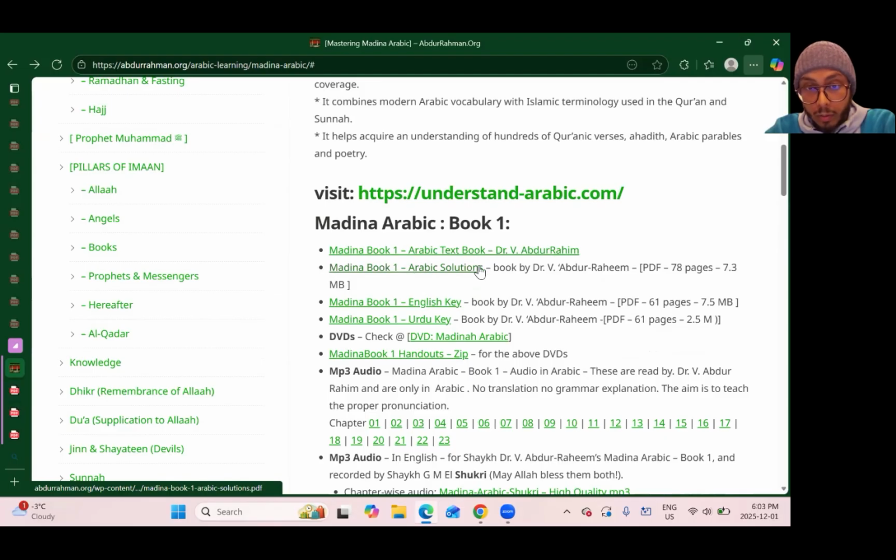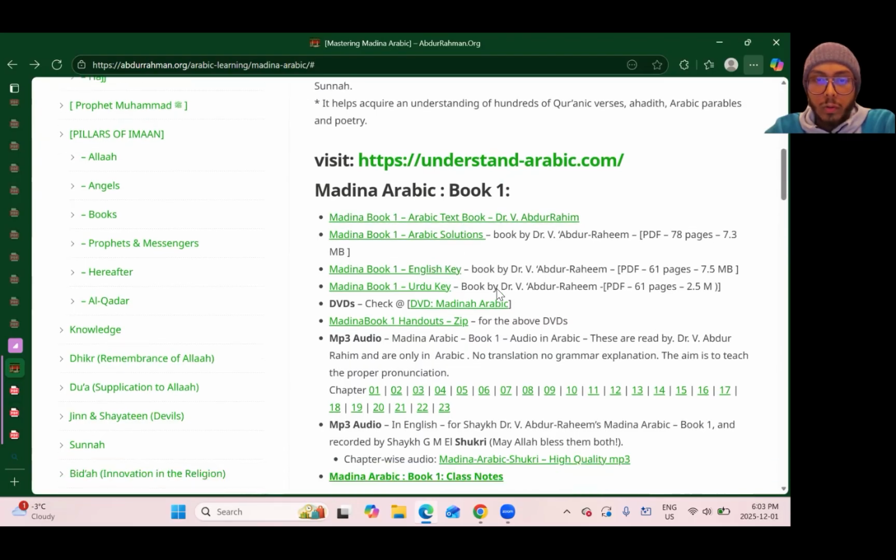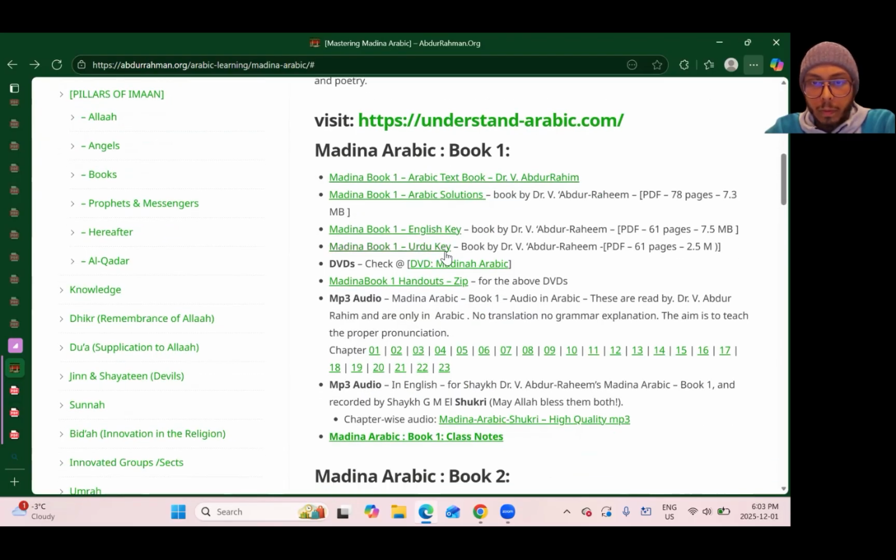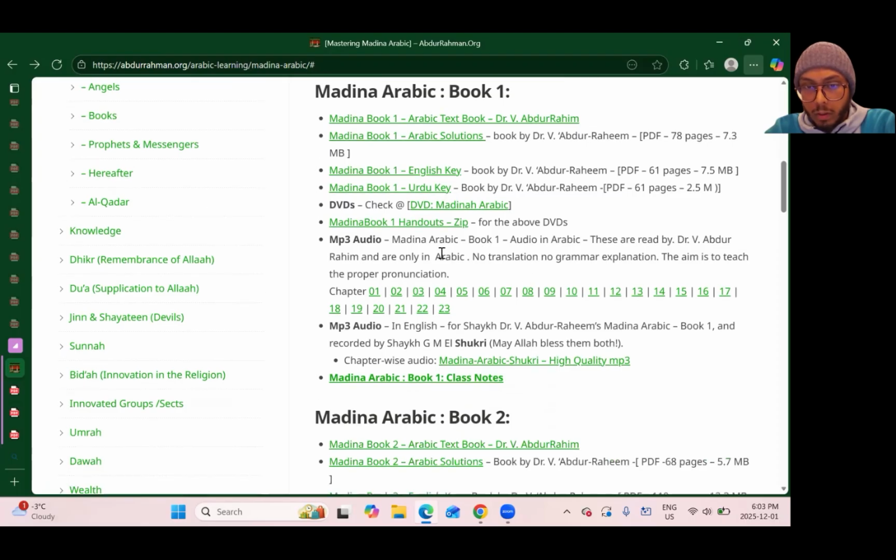Then you can find the Arabic solutions and the English key. These are the three main resources that you're going to want to use. There's also an Urdu key, and other handouts. I've never used any of these other ones. There's also MP3 audio for each of the lessons, which you can check out.